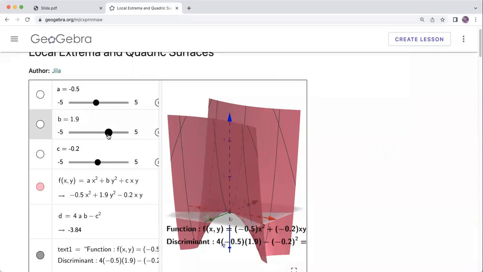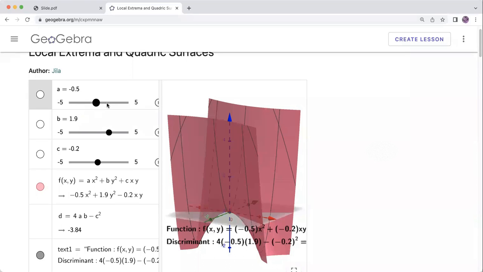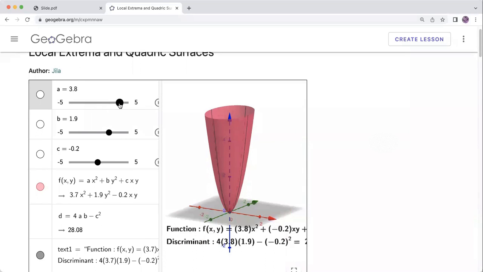And so one thing that I didn't mention is this. When we're talking about the discriminant being positive, the discriminant, which in this case is going to be 4AC minus B squared, is positive.